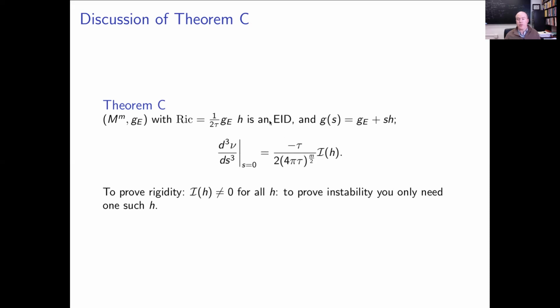And if you look at an essential Einstein deformation for an Einstein manifold, where for various reasons I'm going to state 1 over 2 tau as being the Einstein constant, changing notation slightly from the previous talk, and this is your perturbation, you perturb in this direction, then the third derivative of the nu functional is related to Koiso's obstruction by this quantity.